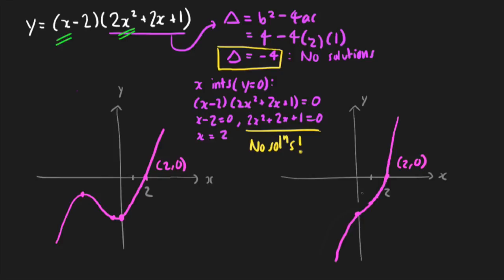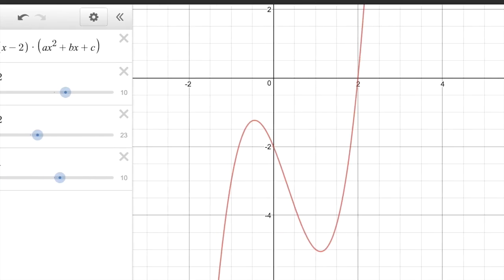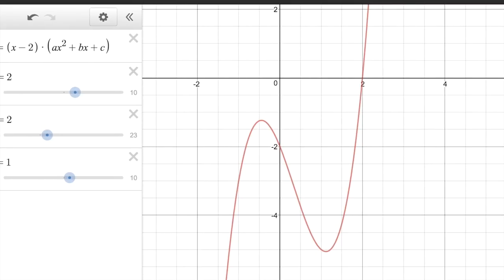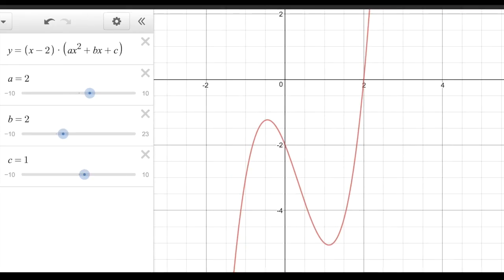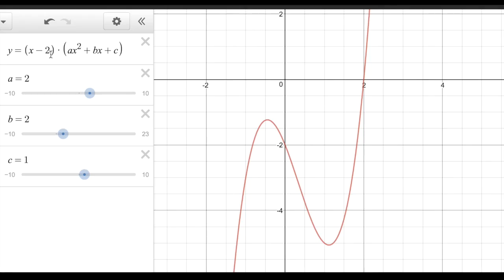And to better illustrate this, I've got this web app open. This is called Desmos. It's a graphing calculator. You can see that I've got an equation set up which is exactly the same as our equation. Our equation was x minus 2 times some quadratic, and similarly here I've got x minus 2 times some quadratic.